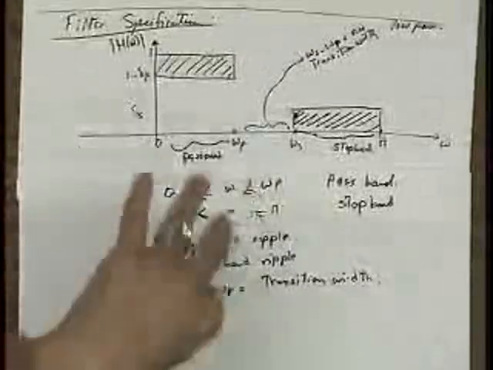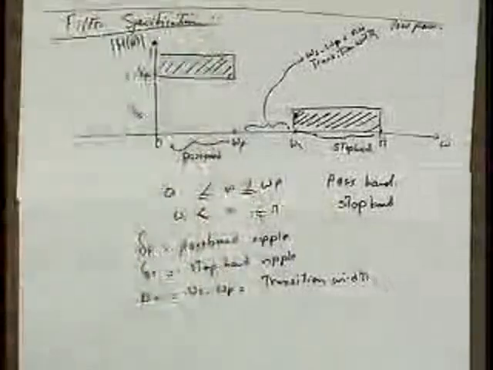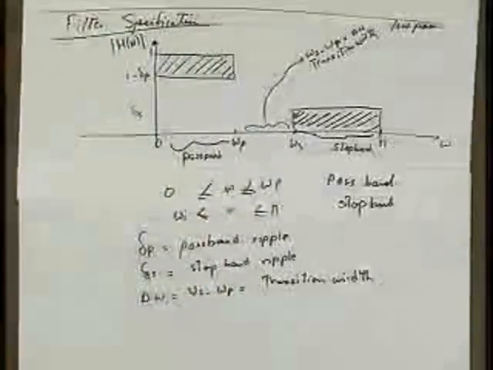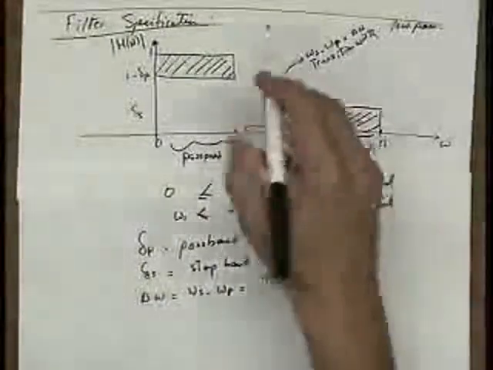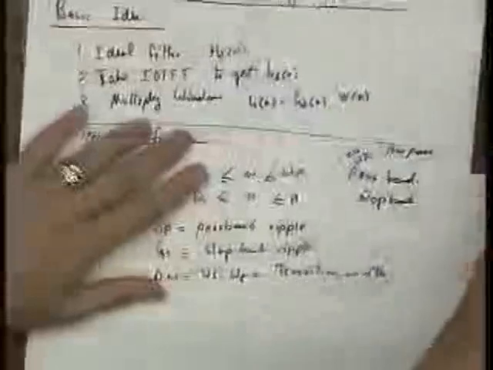Now, having said that, let's go back to our window-based design technique, and let's draw some pictures to see how the frequency response of the filter that we end up getting relates to the frequency response of the original desired filter, as a function of what the window function does. So if I were to plot some of these things, here's what I would get.